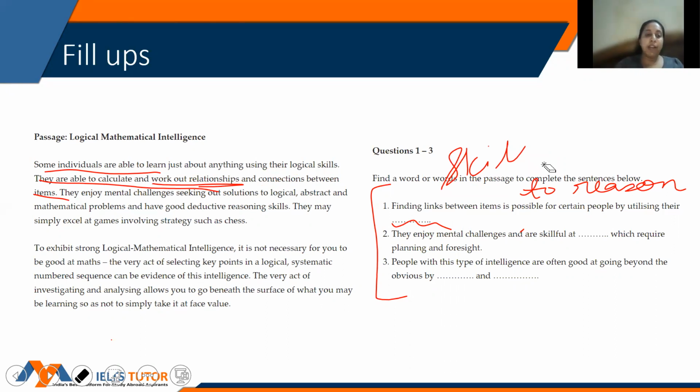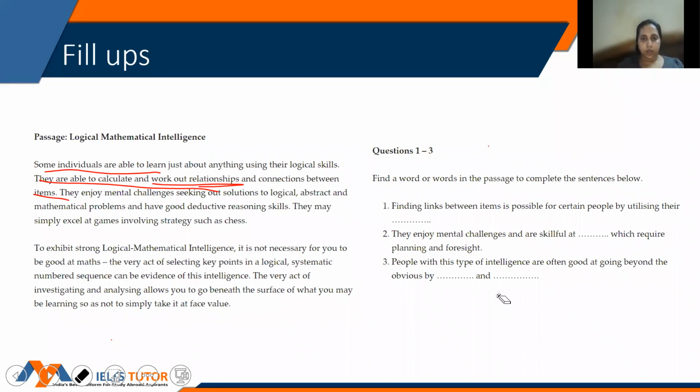But we need to understand whether any part of the word is rephrased or not. So here, one part of the word is rephrased, the other is missing. The missing one we will add in the blank. Okay. Yes, clear everyone? Yes, ma'am.